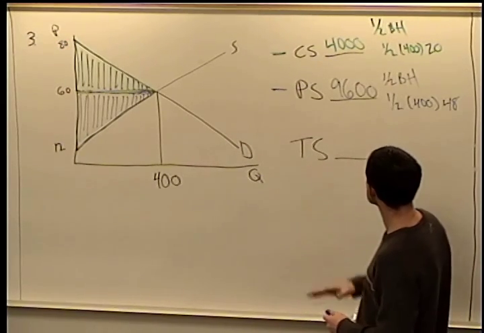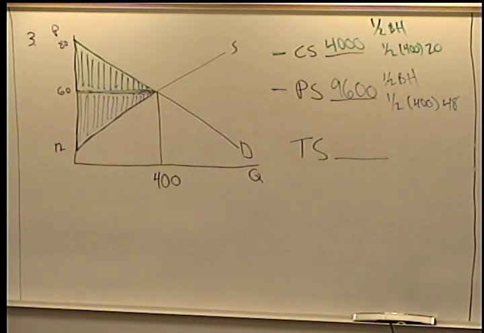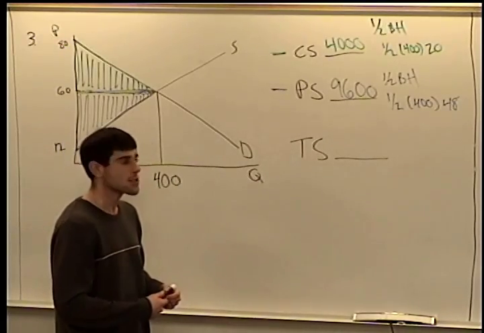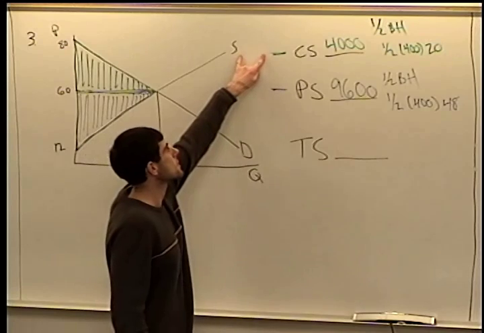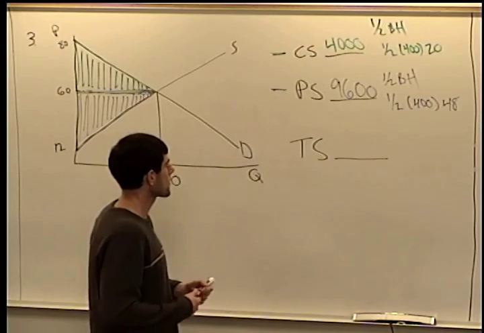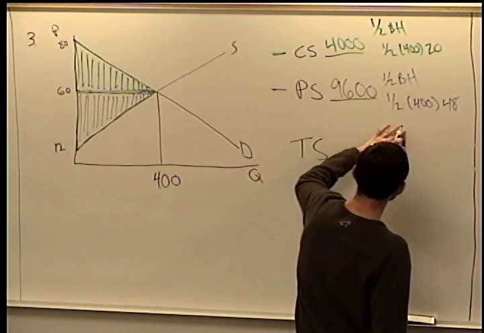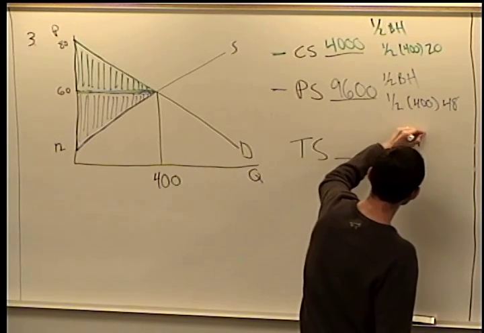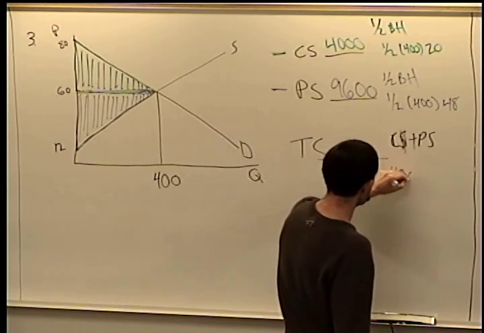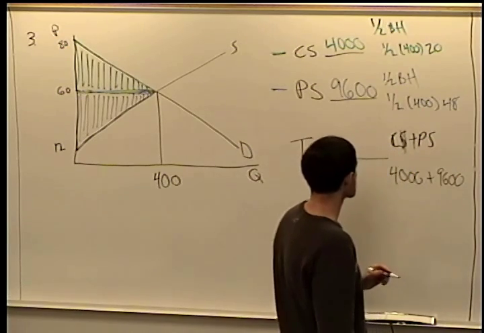So now we want to find total surplus. And total surplus is going to be defined as how much better off is the entire market as a result of trade. So that's going to be a measure of how much consumers are better off, plus how much producers are better off. So total surplus is going to be equal to consumer surplus plus producer surplus. Or that means that it's going to be $4,000 for consumer surplus plus $9,600 for producer surplus.